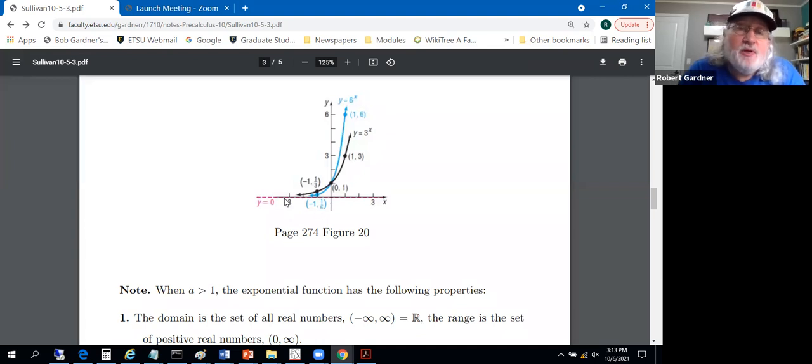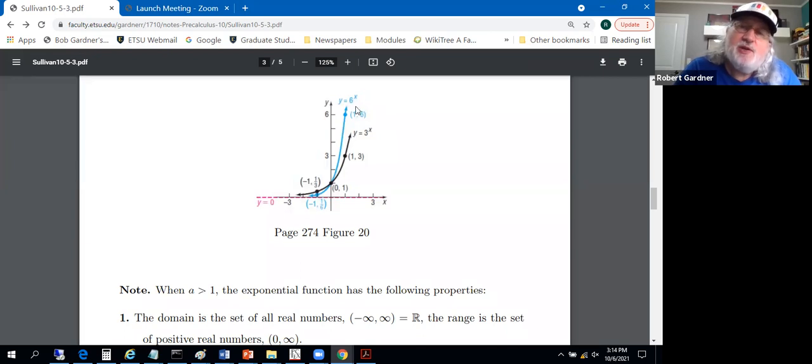But when you put big negative numbers far to the left, it's going to be a tiny, tiny little number. If I were to take x equal to negative 10, then we'd have y equals 3 to the negative 10. That's 1 over 3 to the 10th power. 3 to the 10th power is a huge number, and so its reciprocal is a tiny number.